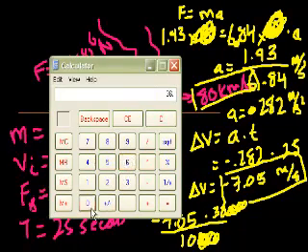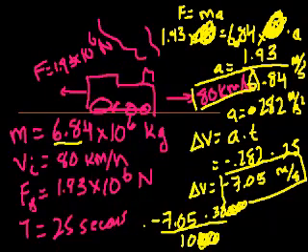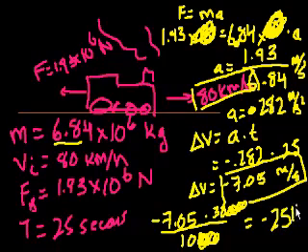I just got rid of zeros. I'll write the zeros there just so you don't get confused. Divided by 1,000, equals 25.39 kilometers per hour. So I'll just round to 25 kilometers per hour. So the change in velocity is minus 25 kilometers per hour.